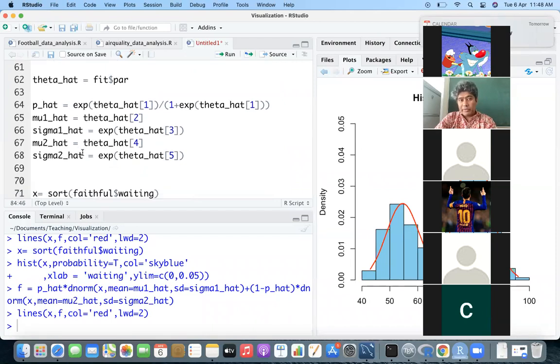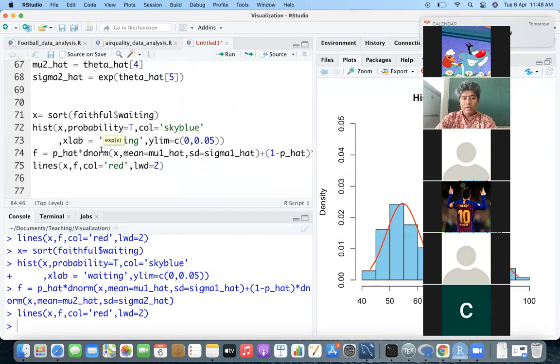If you are doing a transformation, take the correct transformed estimates, then make a plot and check how they are doing. You can do the plots on the same graph and give them different colors. For gamma you can give maybe green, and for the mixture of gamma and normal you can give some other color.